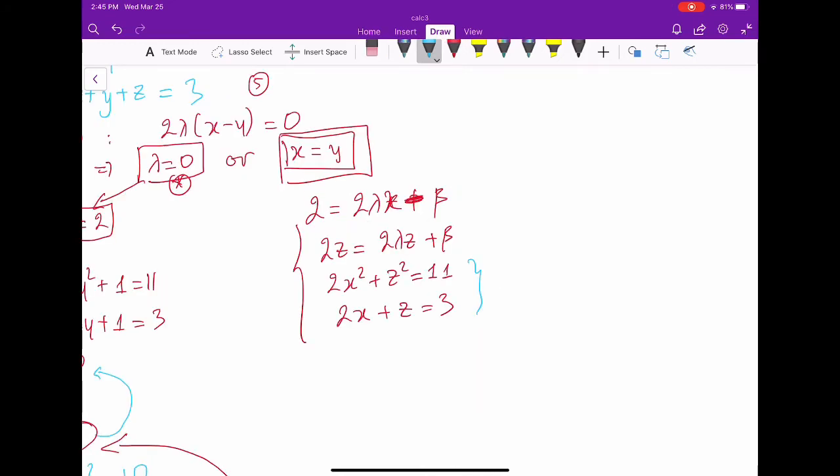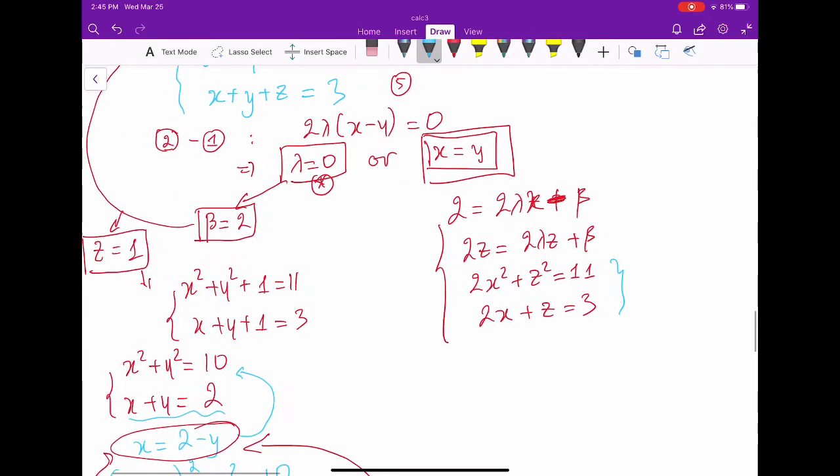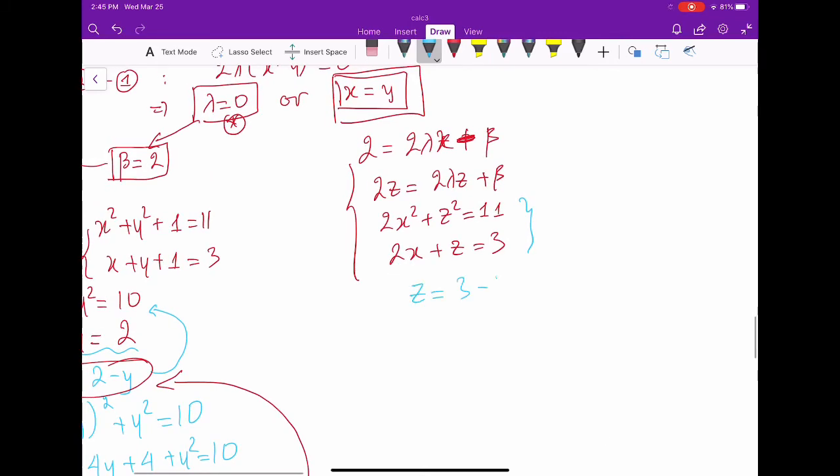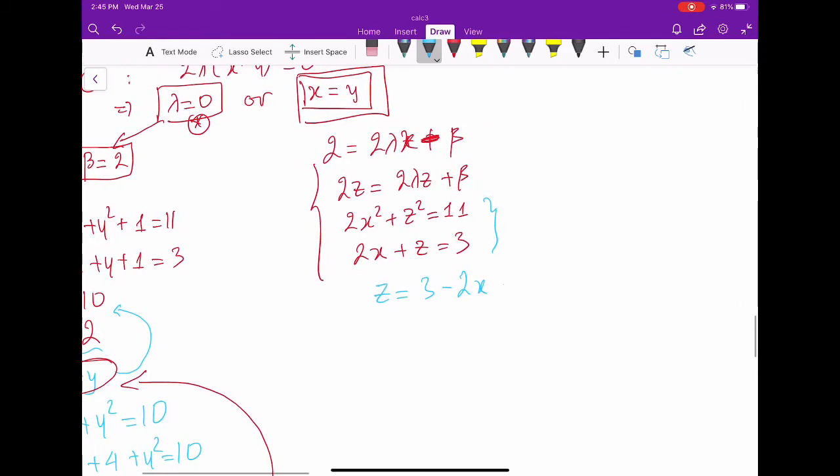Now we can use the last two equations to solve for x and z. So from the last equation, I have z equal to 3 minus 2x. And then I substitute this into the previous equation. I get 2x squared plus (3 minus 2x) squared equal to 11.